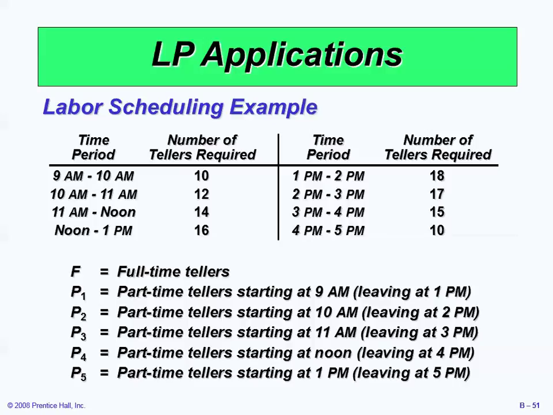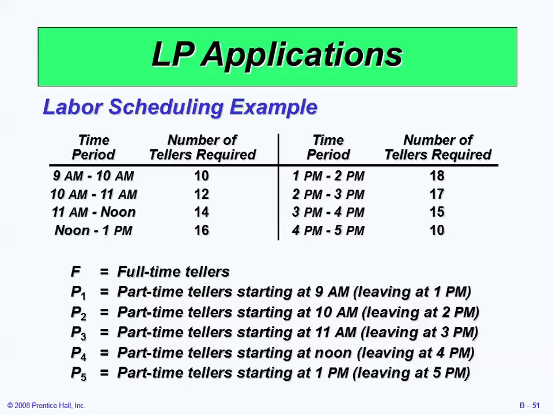So F plus P1 should be greater than or equal to 10. Everyone can understand this, right? Very, very simple idea. The full-timers are there the whole day, so F will be there. And P1 are part-timers who have joined at 9 o'clock, so they will also be there for that shift. So in the first shift, F plus P1 should be greater than or equal to 10.